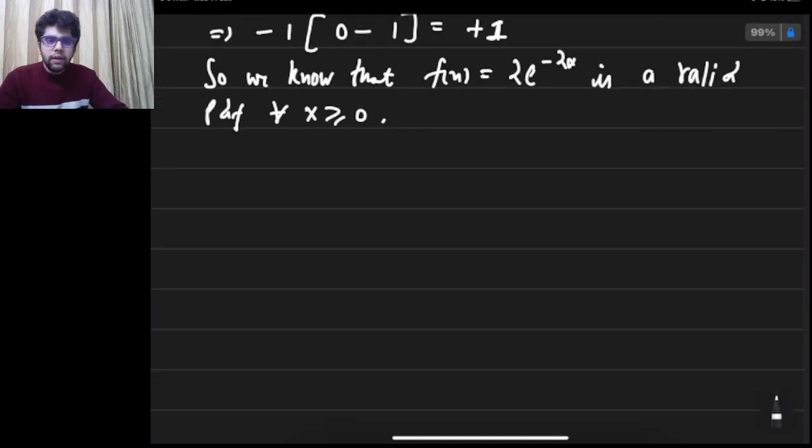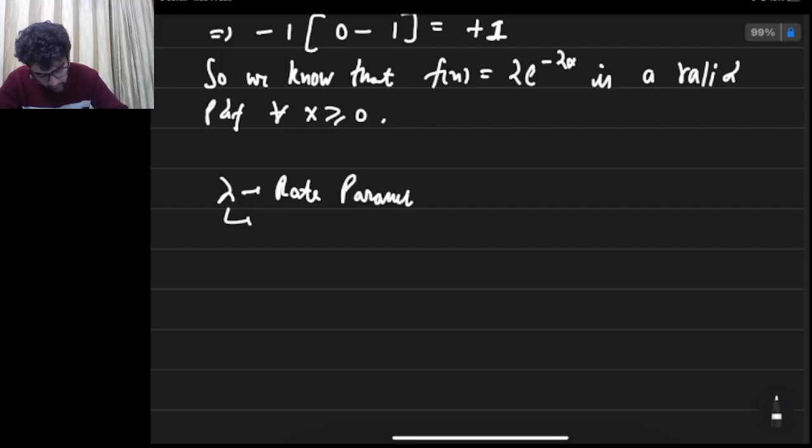And what is lambda here? Lambda is the rate parameter. As I discussed in the video on gamma distributions, I told you guys that this parameter is known as the rate parameter, and this is lambda.